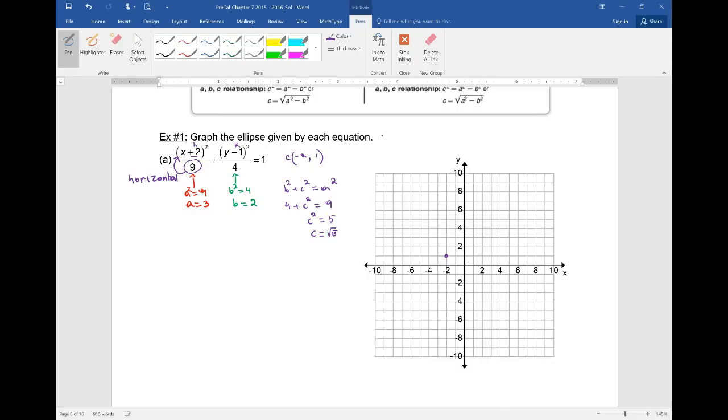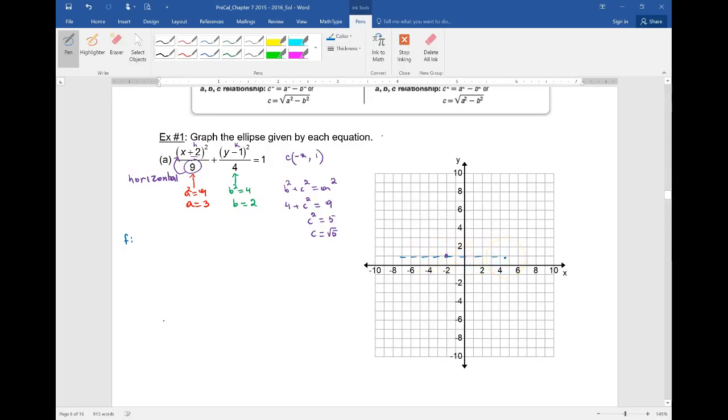Okay, now, what I need to find now are the foci. Okay? If this is my center and this is a horizontal ellipse, am I going to go horizontally or vertically for the focus? Horizontally. That means everything is going to be on this line. Okay?